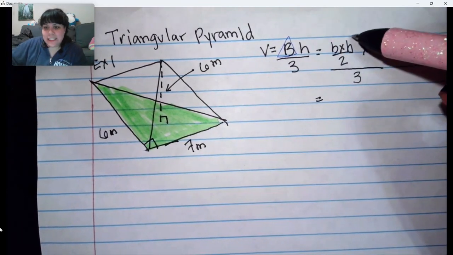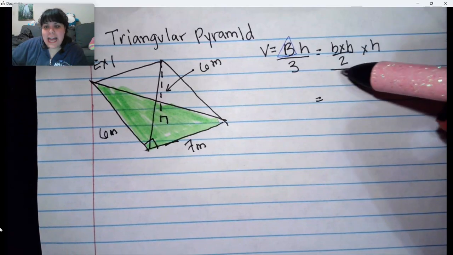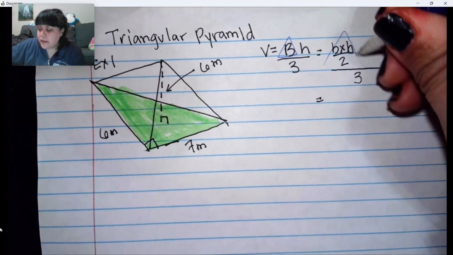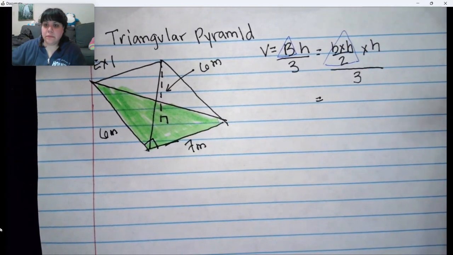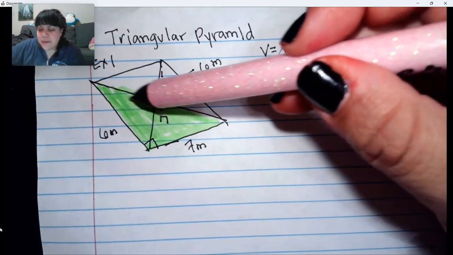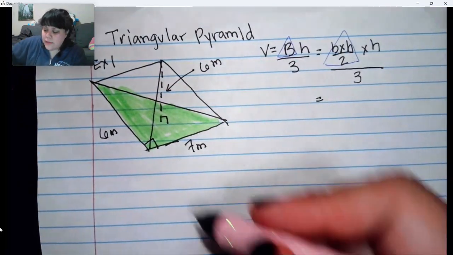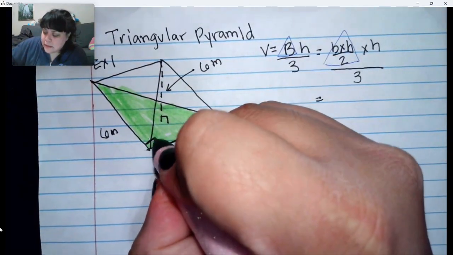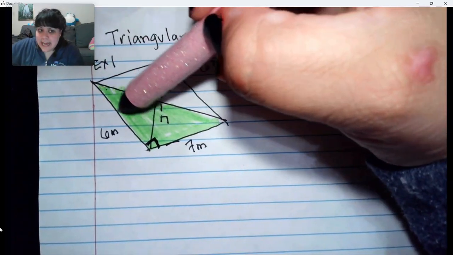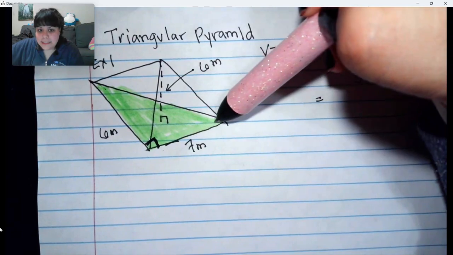Okay, so now let's start plugging in stuff. So I'm going to look at my triangle first, and if it helps, you can put a little triangle around that. Okay, so this is my triangle. So remember, same thing with prisms. This little right angle connects my height and my base.